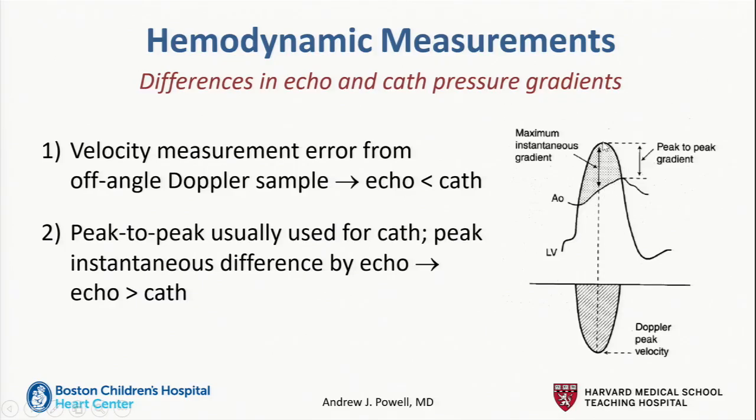In the cath lab, you'll typically measure the peak-to-peak gradient, and so it will be this much. But when you're doing it by echocardiography, you're looking at that maximum instantaneous gradient because you're not looking at peaks, you're just looking at points over time, and so you'll expect to measure this bigger gradient here. So in this case, the echo gradient should be expected to be bigger than the cath gradient.